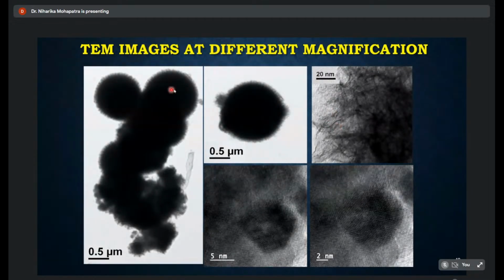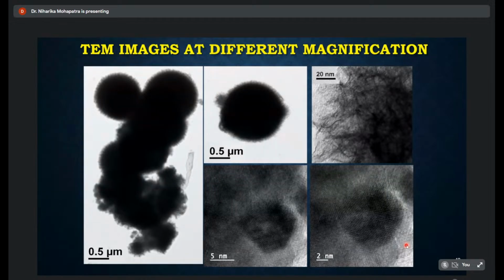But this doesn't give you the core-shell structure that we were imagining. If we zoom in further, at 5 or 2 nanometer, you can see some balls like this. These inside structures represent the Fe3O4 phase, whereas the outer ones represent the nickel oxide flakes.